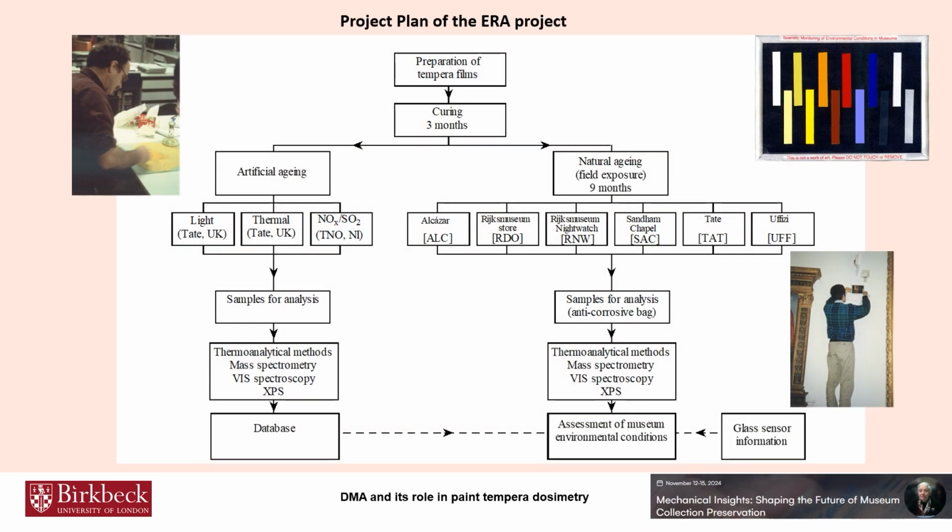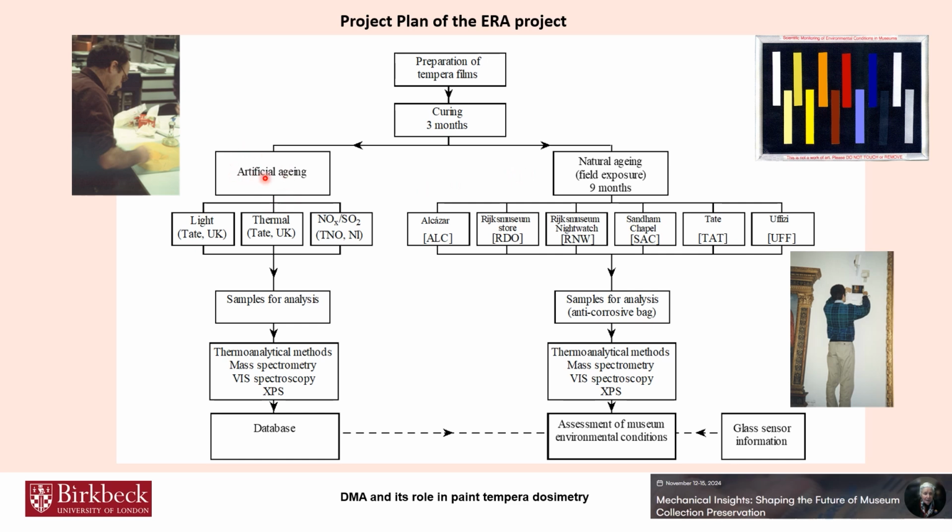So here is the project plan of the ERA project. First of all, the preparation of the tempera films, curing for 3 months, and then the 2 paths for aging: artificial aging or accelerated aging and natural aging, which involved exposure at 6 different museum locations for a period of 9 months.